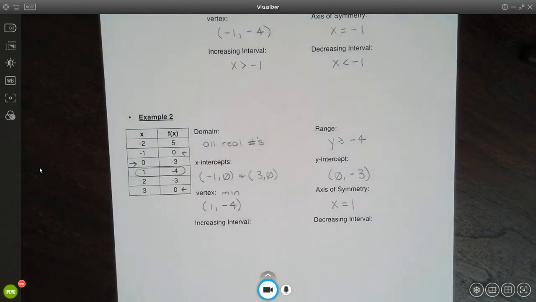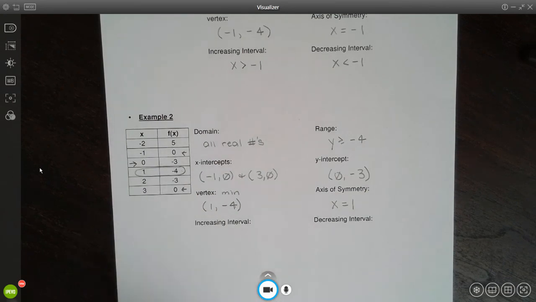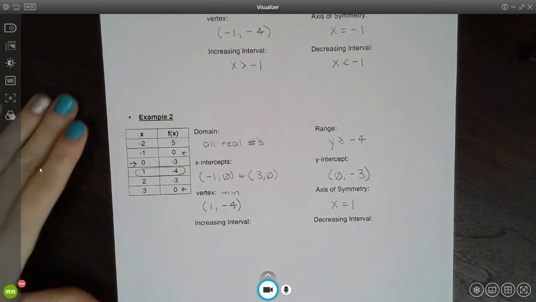It's very, very rare that we will deal with a quadratic that is discrete, which is when it's just a continuation of different points. So I'm going to wave my magic math wand and say that this is continuous instead of discrete. Then the last thing we need to do is write our increasing and decreasing intervals.